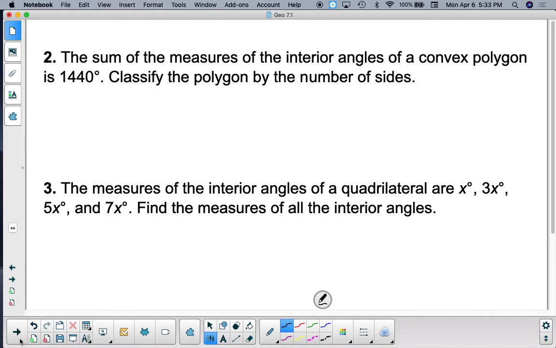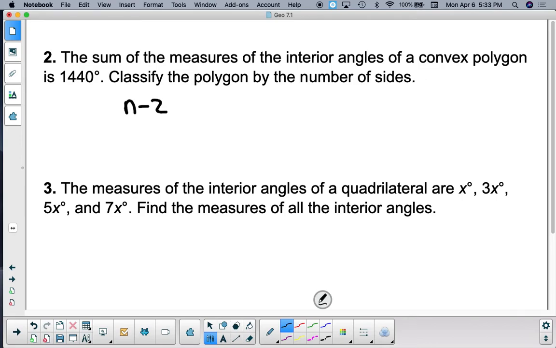Okay. Let's look at this one, number 2. So again, this is giving me the sum, and they're asking me to work backwards to find the sides. So it says the sum of the measures of the interior angles of a convex polygon is 1,440 degrees. Classify the polygon by the number of sides.